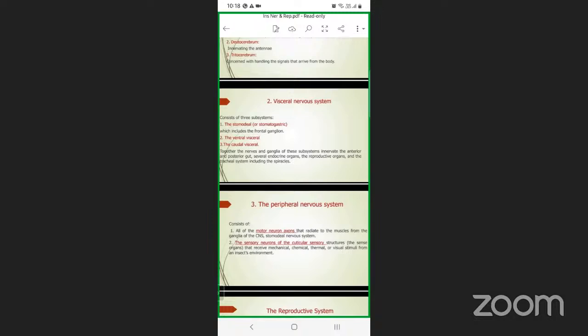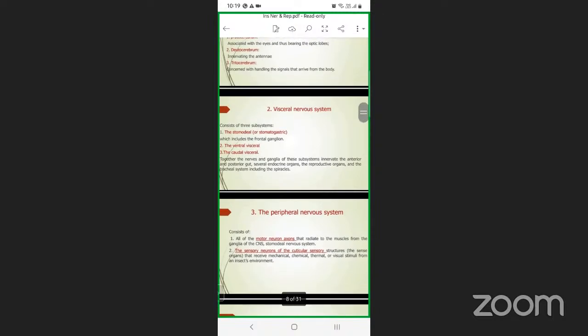The sensory neurons of the cuticular sensory structures, the sense organs, receive mechanical, chemical, thermal, and visual stimuli from the insect's environment. So when we talk about the peripheral nervous system, all the nerves emerging from the ganglia of the central and visceral nervous system comprise this peripheral nervous system.